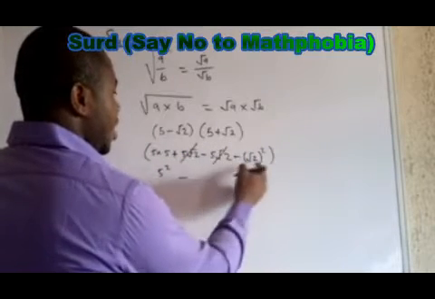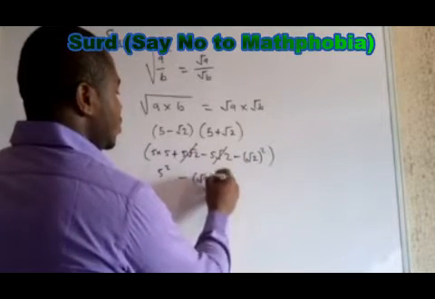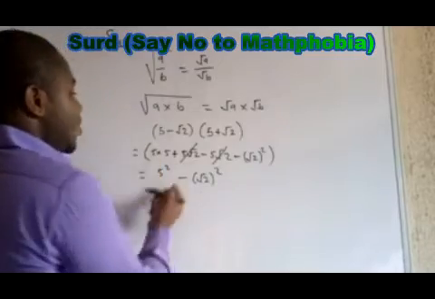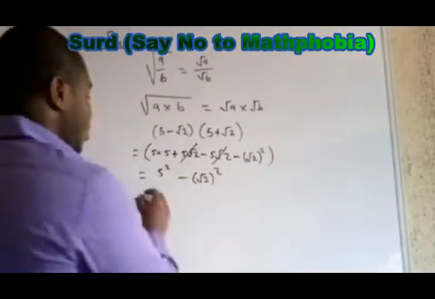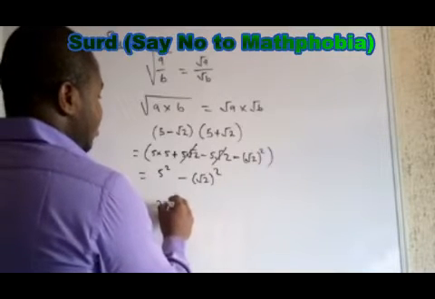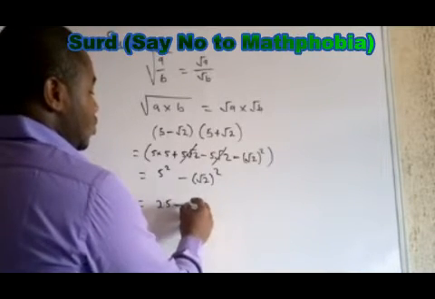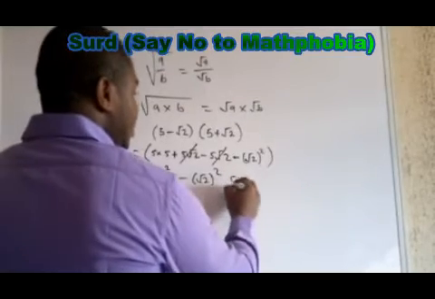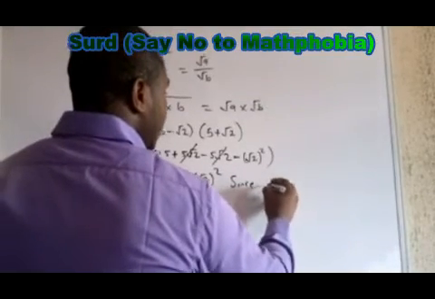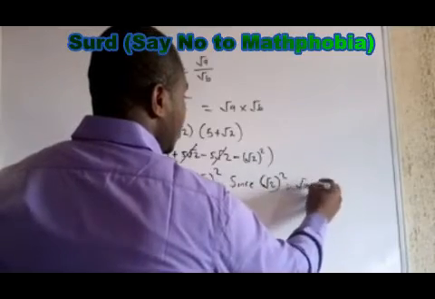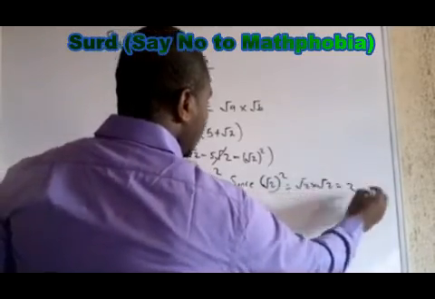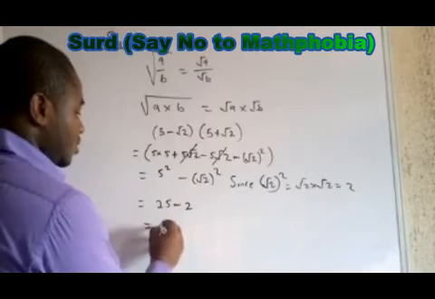See, now I have root 2 squared. Now it's looking like difference of two squares. So you just have 25 minus 2 from what we learned, since root 2 squared is equal to 2, so you have this, which is now 23.